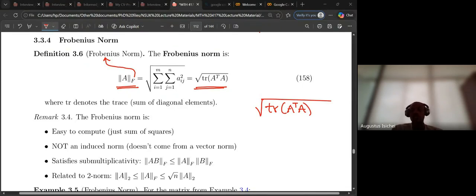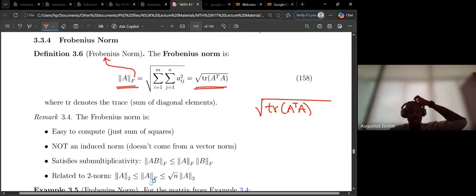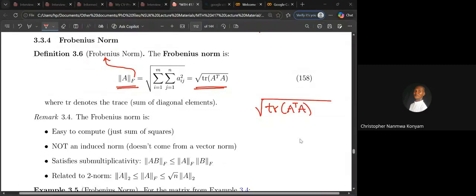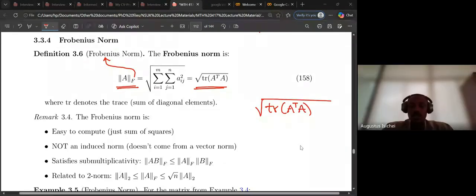So my question is, what is the trace of the matrix? I hope you get everything. What is the trace of the matrix? That's the question. Olamide, I'd like to hear from you now. Olamide, what is the trace of a matrix?